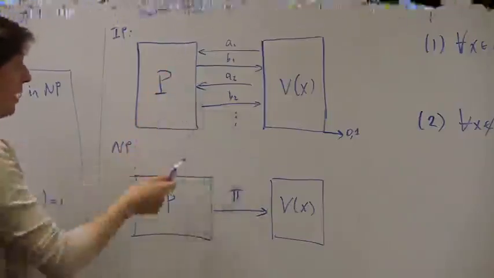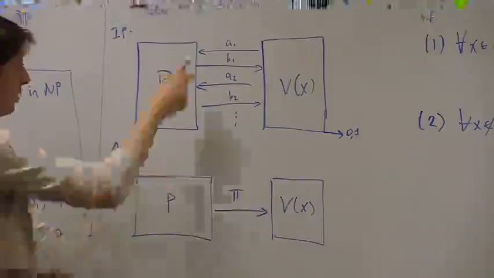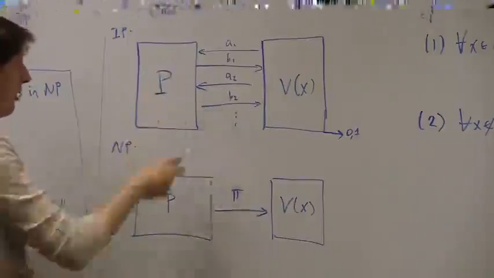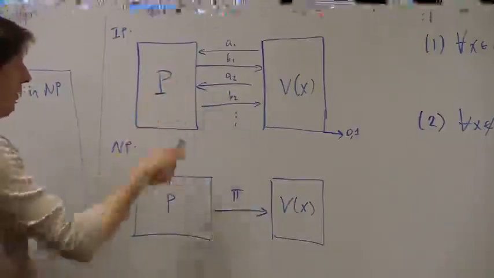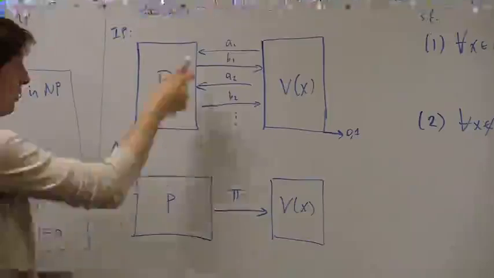In particular, is there anything outside of NP that is in IP?